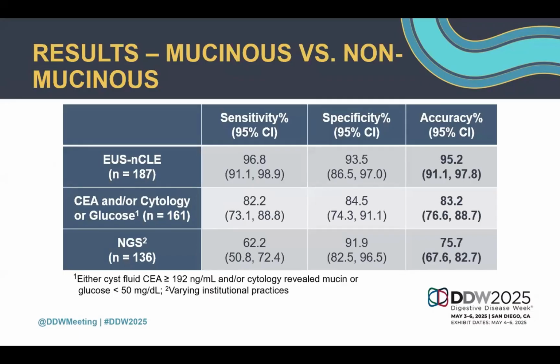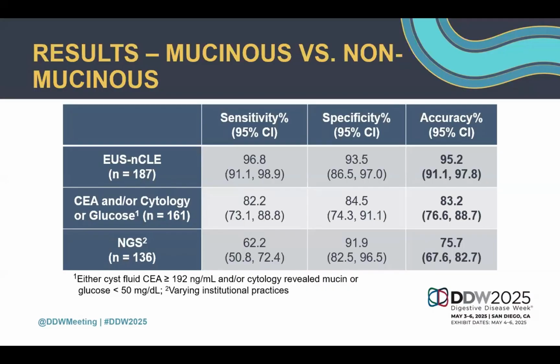This table shows the diagnostic performance of EUS-nCLE, cyst fluid analysis, and NGS in differentiating mucinous from non-mucinous lesions when compared to definitive histopathology. Cyst fluid analysis is defined as either cyst fluid CEA that is more than or equal to 192, and/or cytology revealing mucin, or cyst glucose that is less than 50.